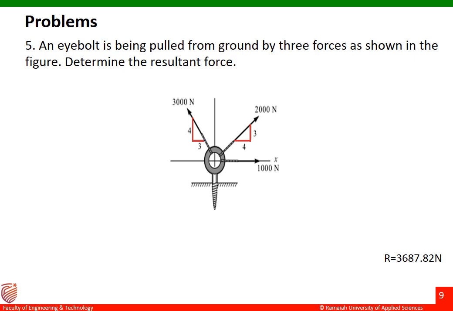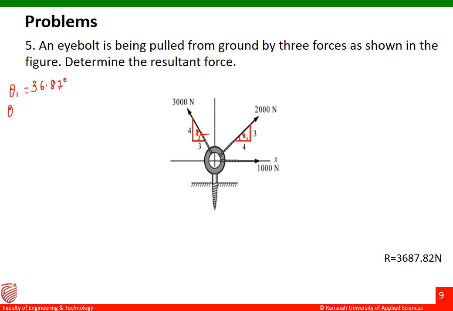Before proceeding, let us find out the angle theta here. Let me take this as theta 1 and this one as theta 2. Theta 1 is given by tan inverse of 3 by 4, and you'll get the answer as 36.87 degrees.